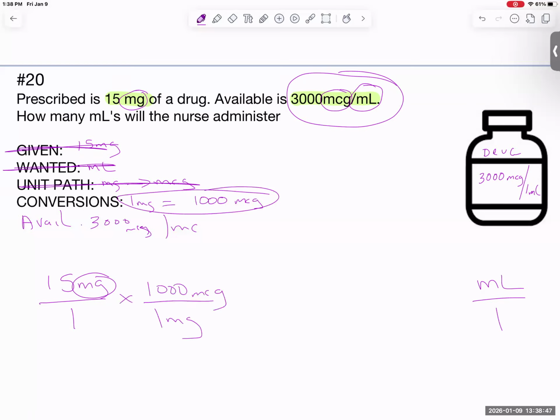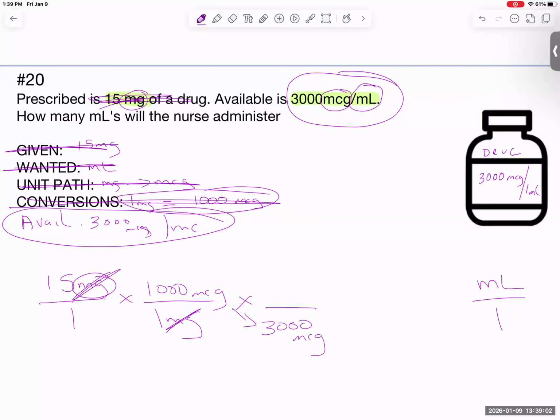And then I'm going to cross it off. So I've used this. The only thing left is what's available. So how do I get rid of micrograms? By my available. So I'm going to write it down here. 3,000 micrograms for every 1 milliliter. And when I do that, everything's eliminated except for the milliliters. Beautiful. So now it's just math.